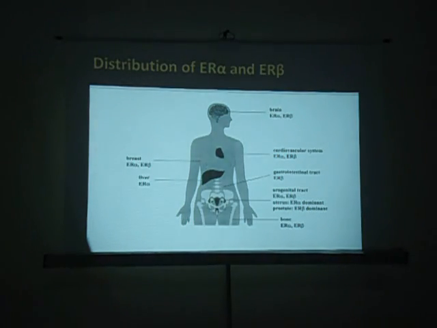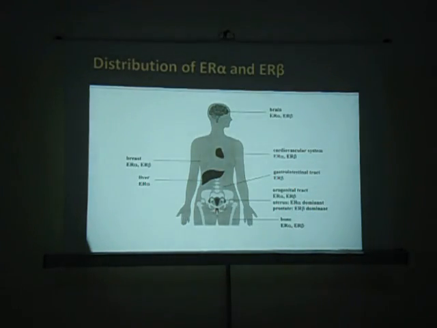Where are the estrogen receptors present? We should know estrogen does not act only on the primary organs of the female genital tract; it can act also on other parts of the body. In the brain we have both estrogen receptors alpha and beta.